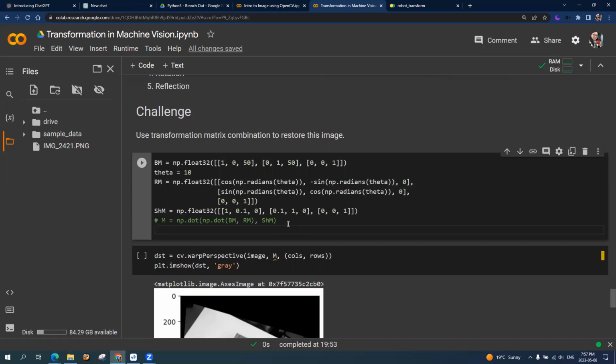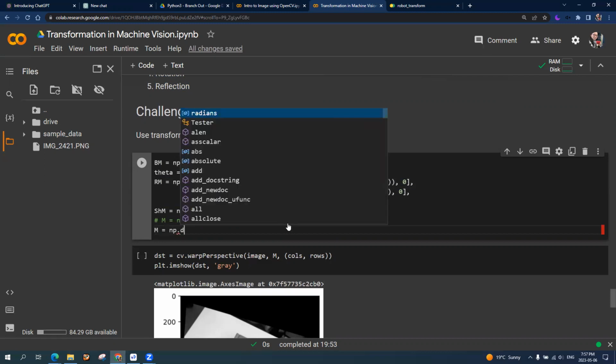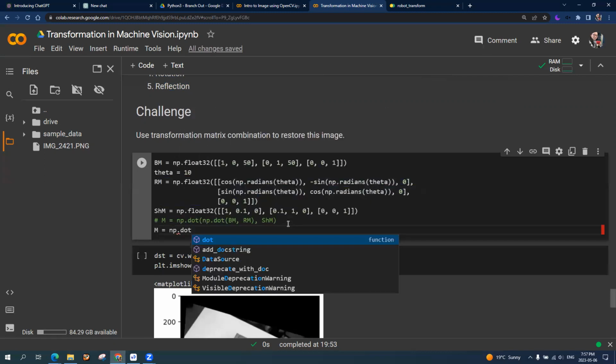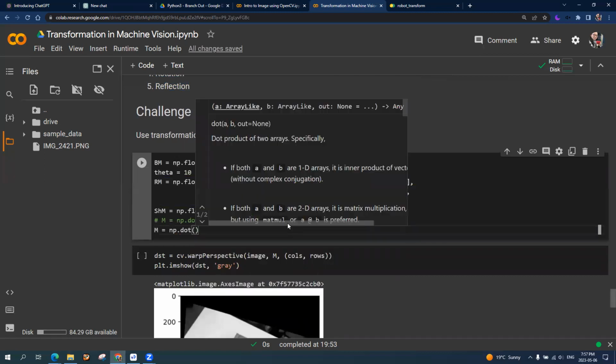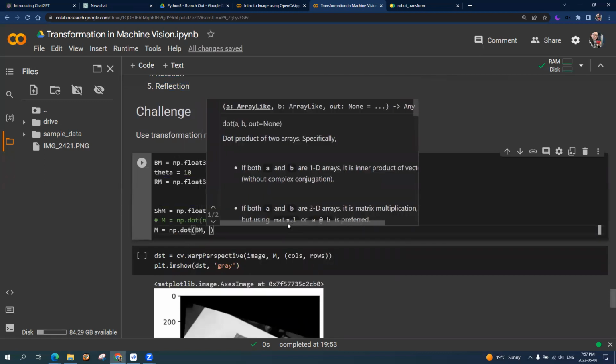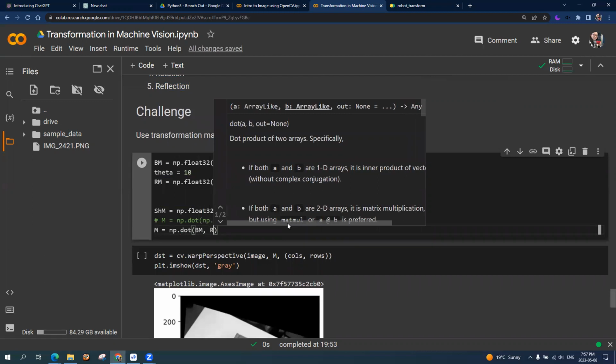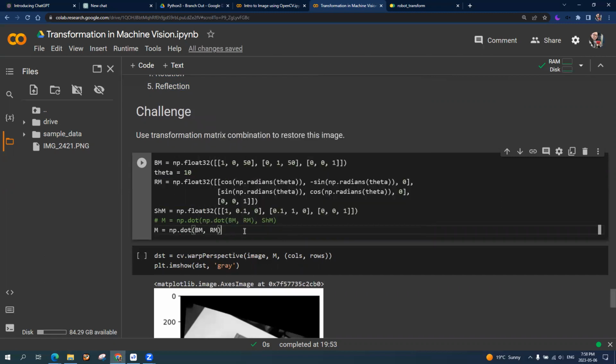So to do a matrix multiplication, you just need to tell NumPy, okay, here's my result, where you want to dump the resulting matrix into, right? And call NumPy dot. And then you put the first matrix in, and then the second matrix. And that's how you combine these two matrices.